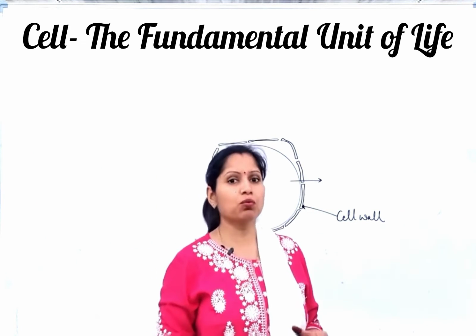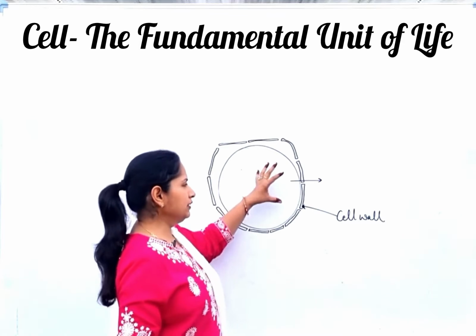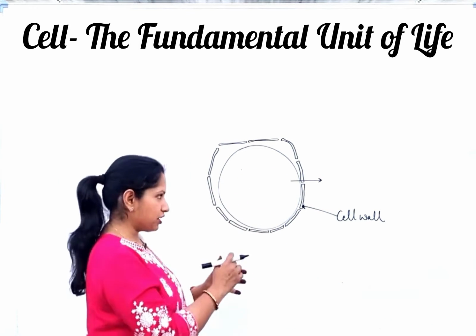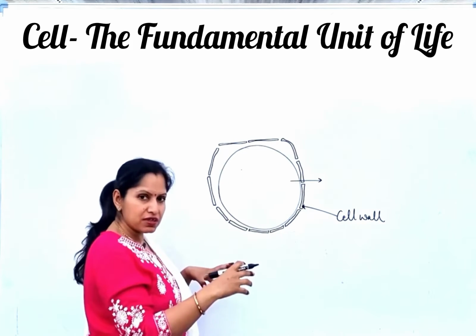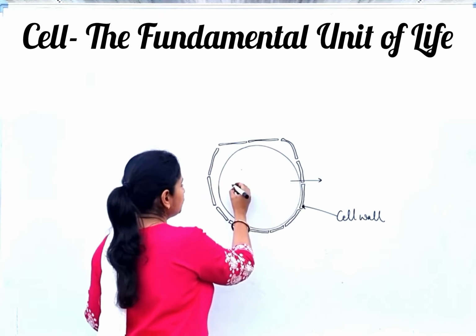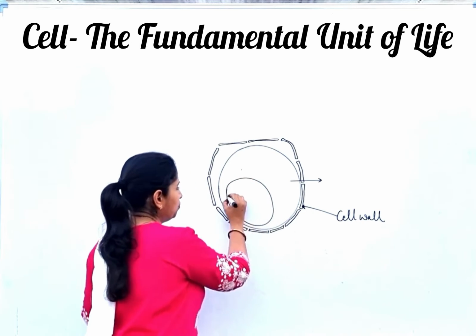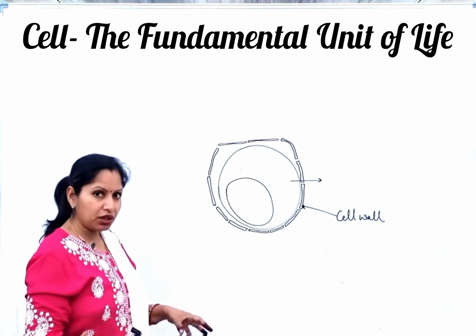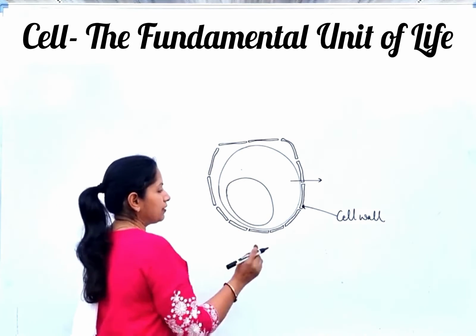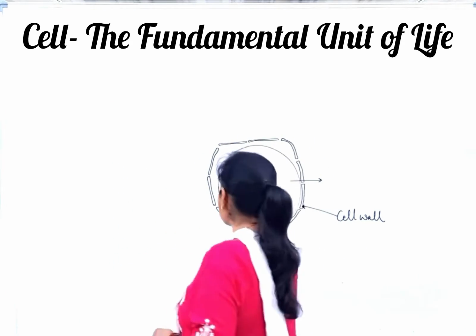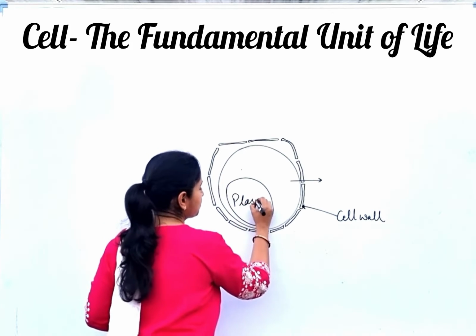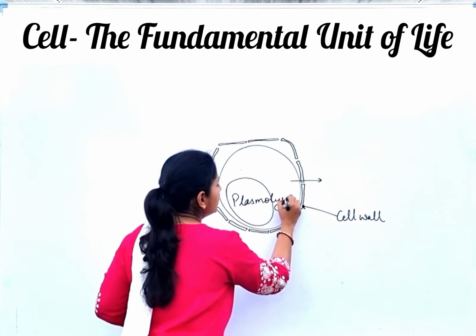In case of plant cell, what is going to happen is that all the contents of the cell will shrink and they will get collected at one place, separated from the cell wall. All the contents of the cell will shrink and they will come to one part of the cell. This condition, that is the aggregation of all the cell contents to one place, is known as plasmolysis.